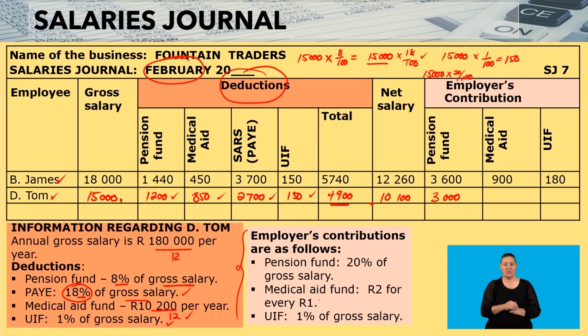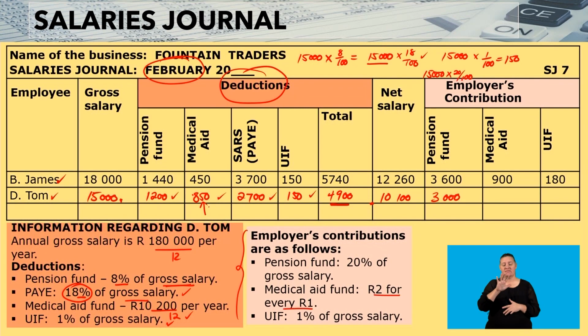We will now look at medical aid fund. And it reads, medical aid fund, 2 rand for every 1 rand. What that means is, for every 1 rand that the company was deducting, the company is going to contribute 2 rands. So, for us to get the medical aid contribution, we have to look at our deduction. How much was the deduction?